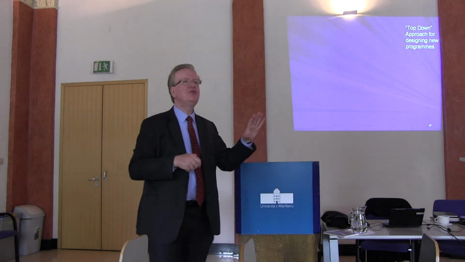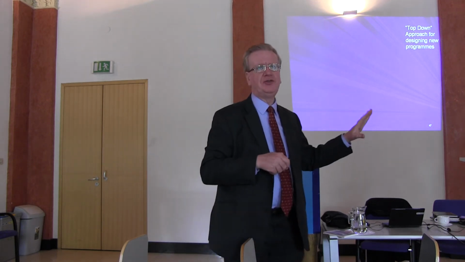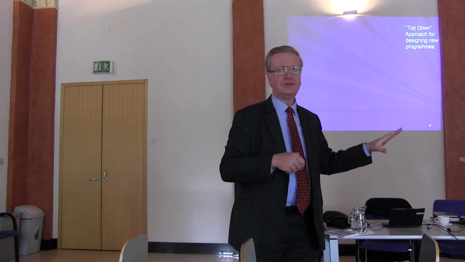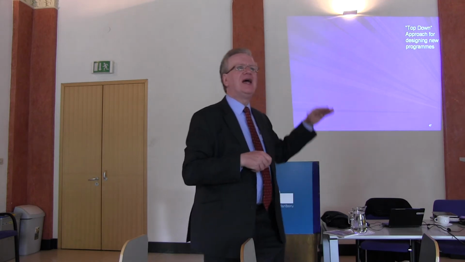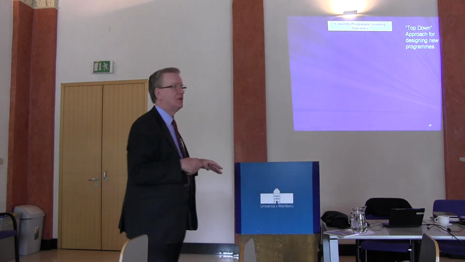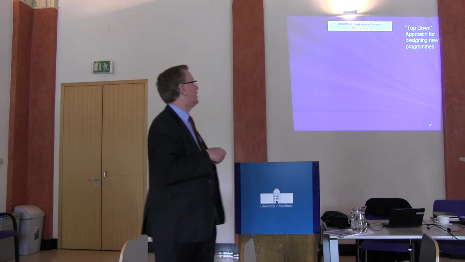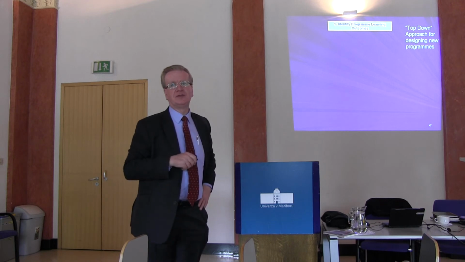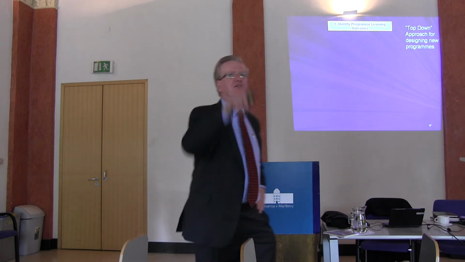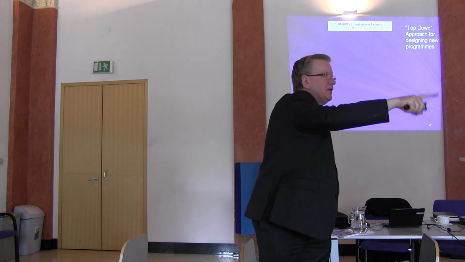Now, if you are putting a new program into the university, you have to adopt a top-down approach. The first thing you need to put on the form is a list of the program learning outcomes. In other words, if somebody does this new degree, say you're an engineer, do you have mechanical engineering here? Yes. Chemical engineering? Electronic? Civil? Do you have mining? No. Great, okay.